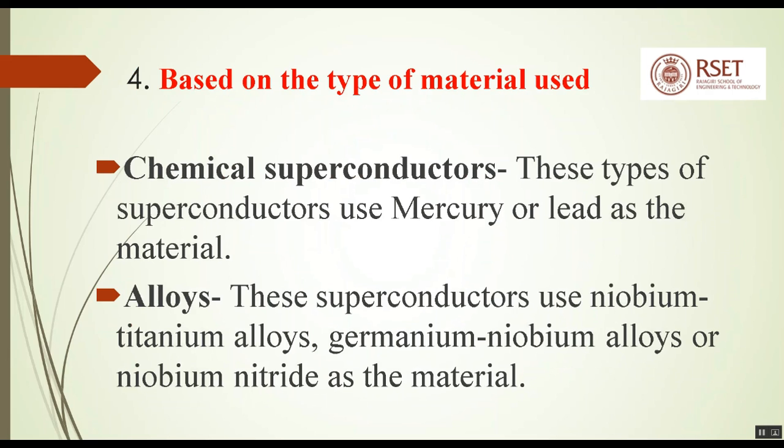The fourth criterion for classification of superconductors is based on the type of material used. Some superconductors are pure elements such as lead or mercury, but not all pure elements behave as superconductors, as some never reach the superconducting phase. These are known as chemical superconductors.